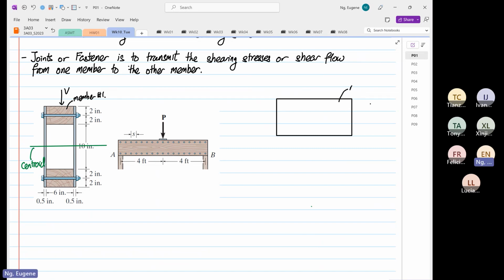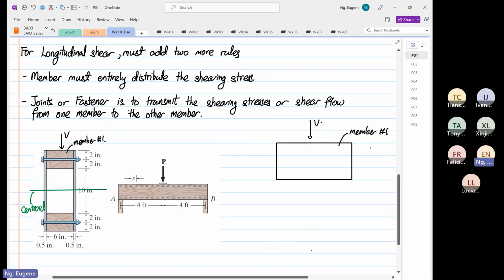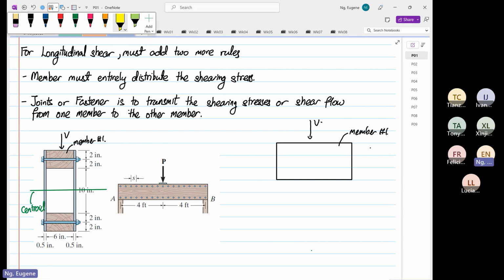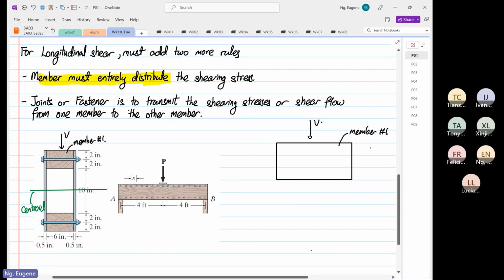When you have a ply load over here, V, the shear flow will, the word to use is will distribute first. The member must distribute the entire shear.